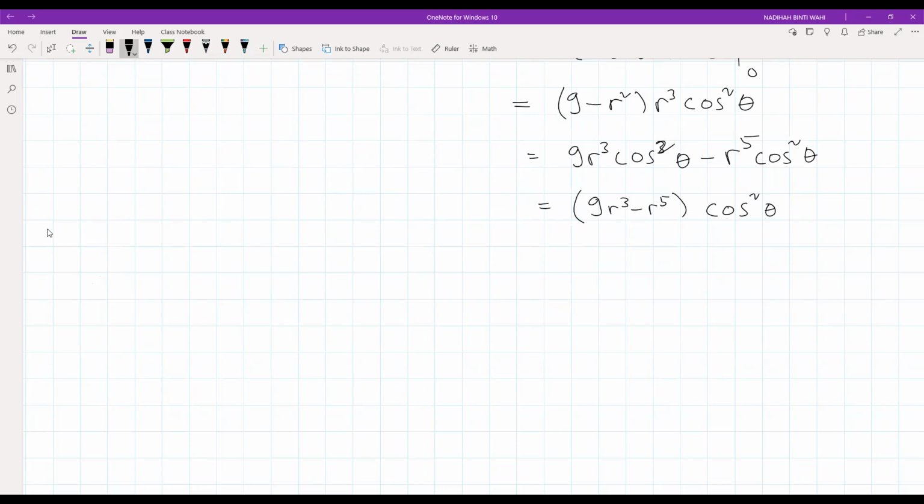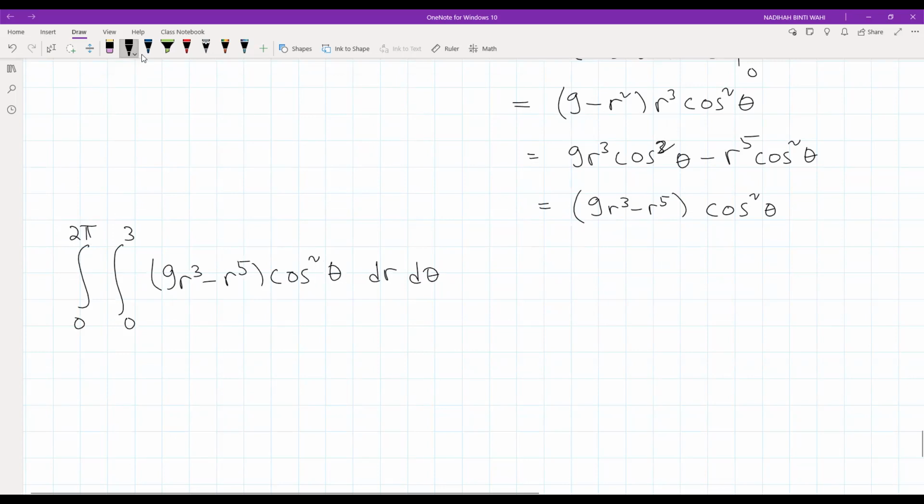Okay, so now the next integral is from 0 to 3, from 0 to 2 pi of 9r cubed minus r to the power of 5 times cosine squared theta, dr d theta.